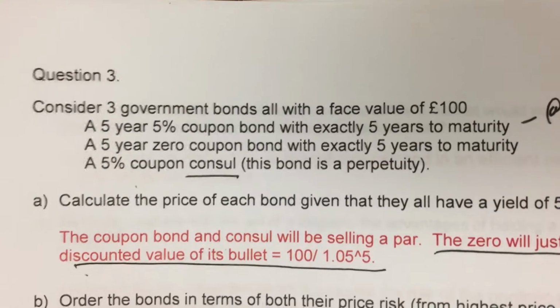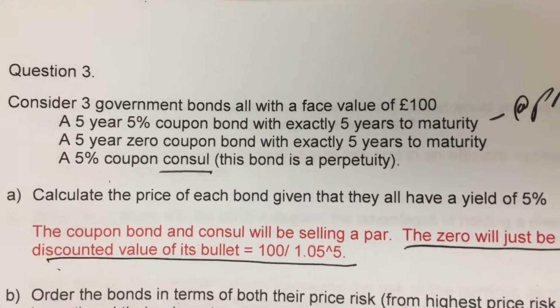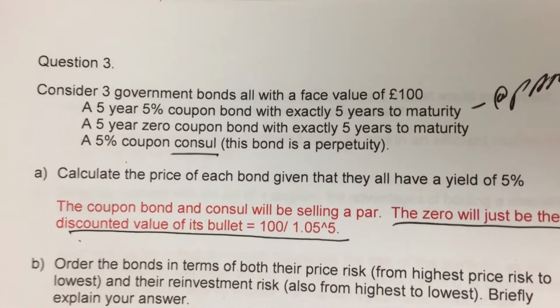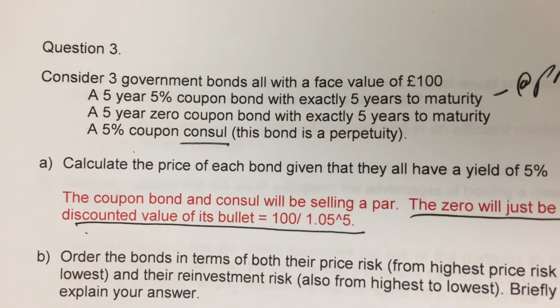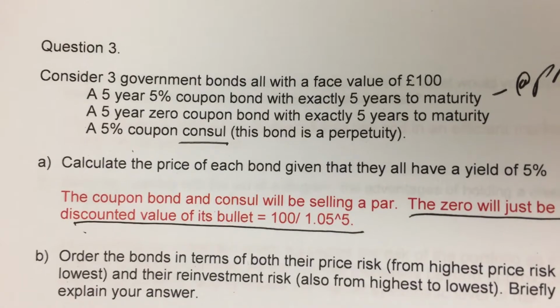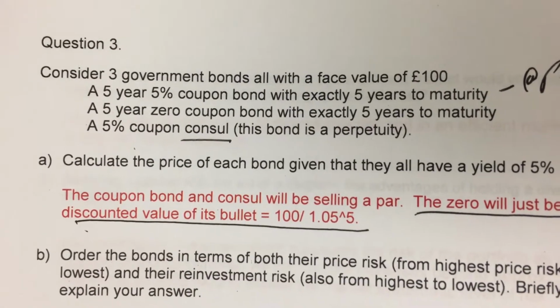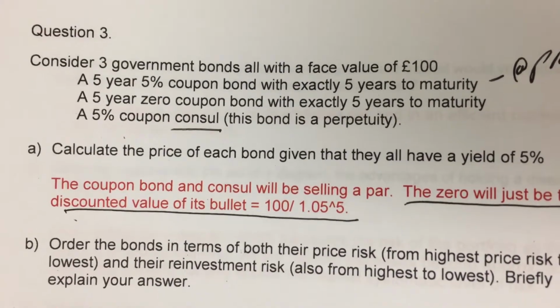Given that they all have a yield, let's call it yield to maturity, of 5%. The first one is a 5% coupon bond that has 5 years to maturity.